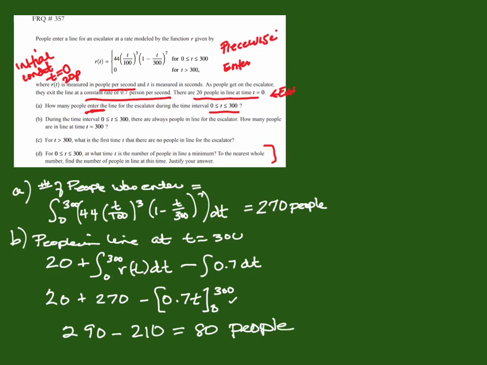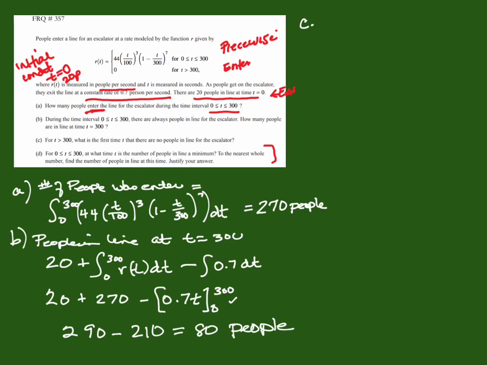So that was fairly easy. Hopefully you got that one correct. Part C says for t greater than 300, what's the first time there are no people in line for the escalator? That means you start with 20, and at 300 we know there are 80 people, and then they're going to continue to leave at 0.7t. So when will that be equal to 0?